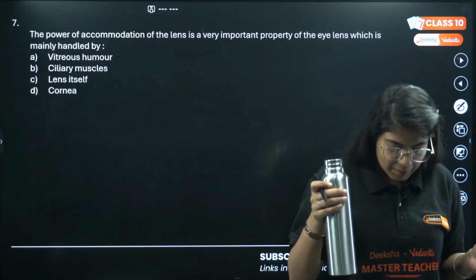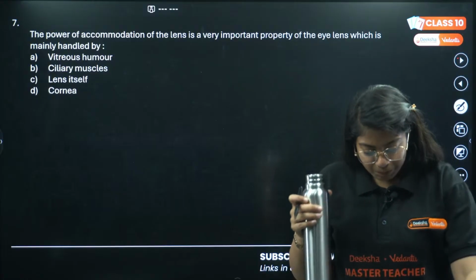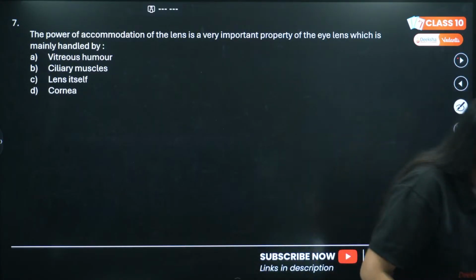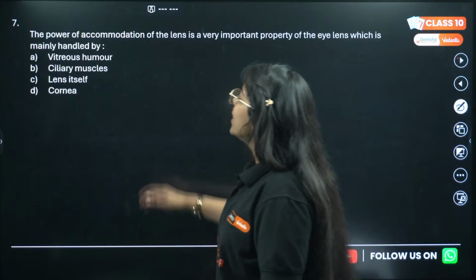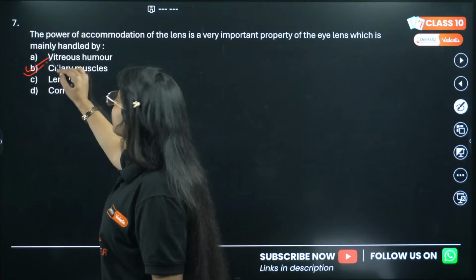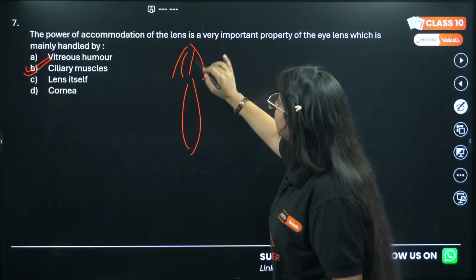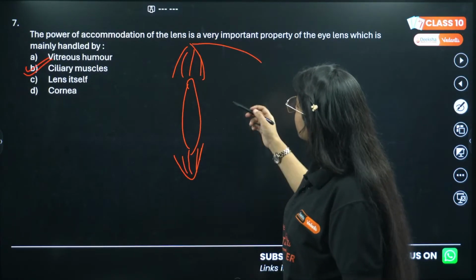Everyone is saying B. Okay, I was reading your name and I read ciliary muscles as class C, I guess. So exactly, the answer is B. This is my eye lens and we know this is being held by ciliary muscles. This looks like a mushroom or something.